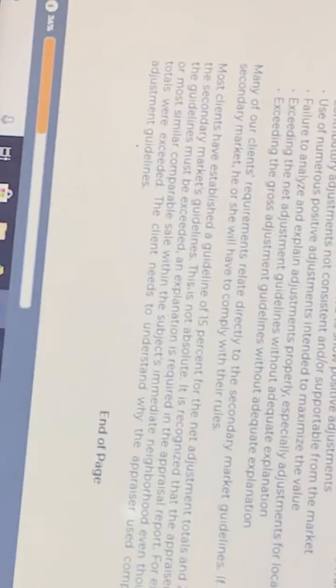Use of numerous positive adjustments intended to maximize the value. Failure to analyze and explain adjustments properly, especially adjustments for location, quality, and condition. Exceeding the net adjustment guidelines without adequate explanation. Exceeding the gross adjustment guidelines without adequate explanation.